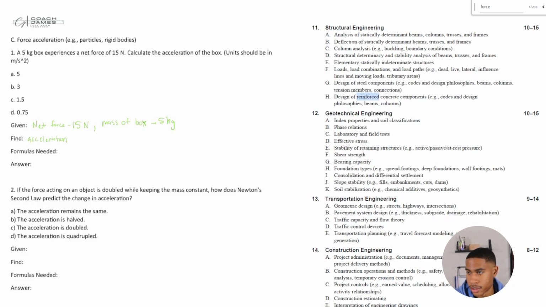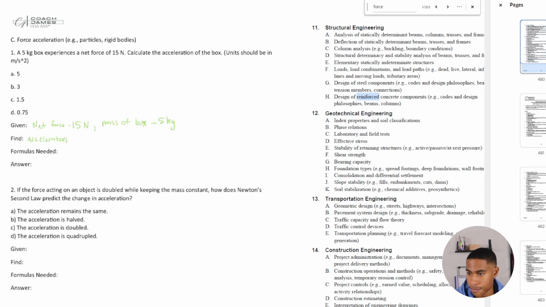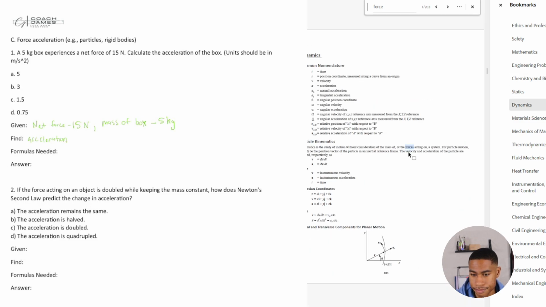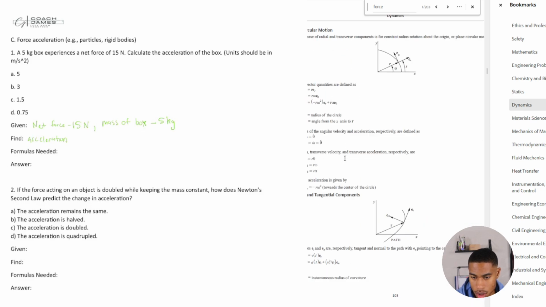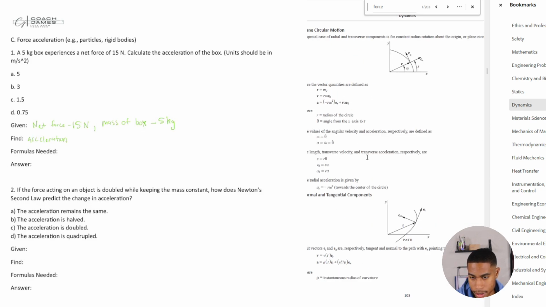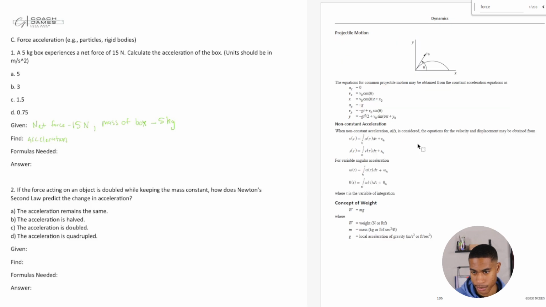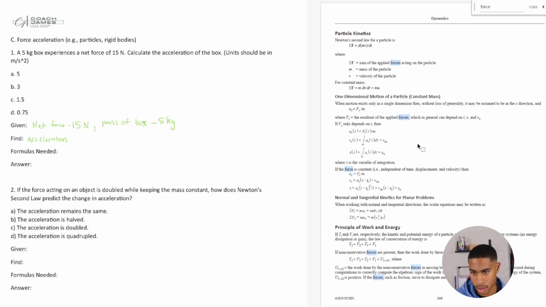A good starting point is dynamics. Basically, we have mass and we have force, and we're solving for acceleration. So how do those all tie in together?